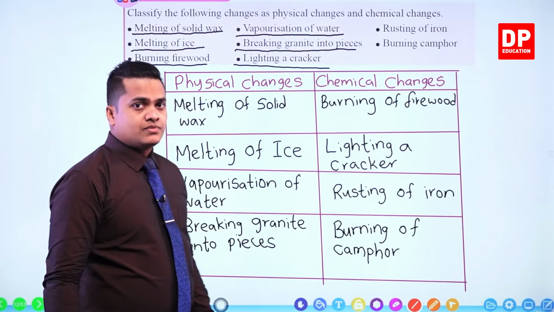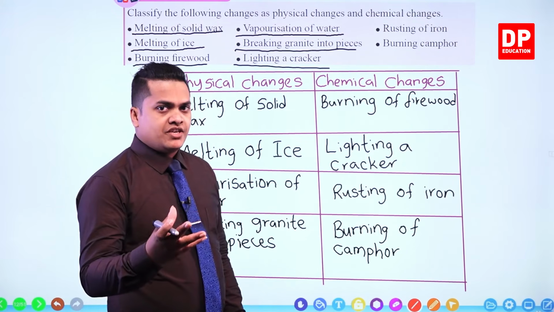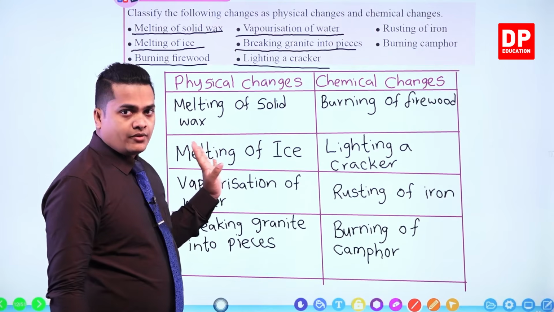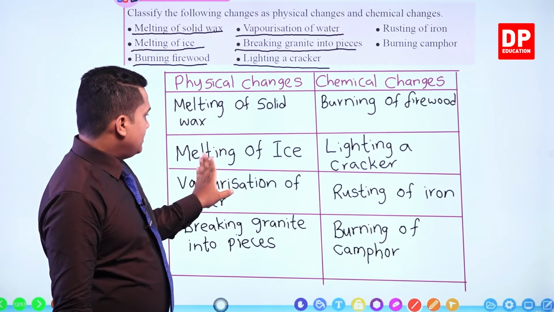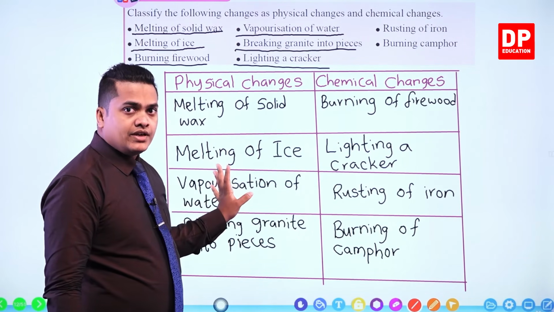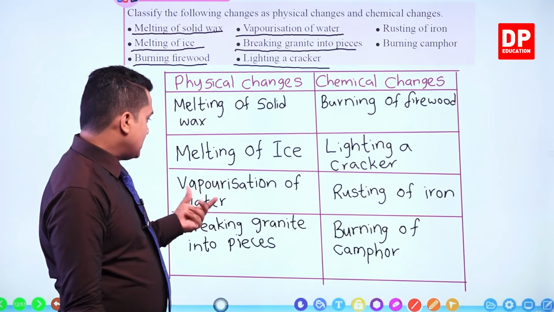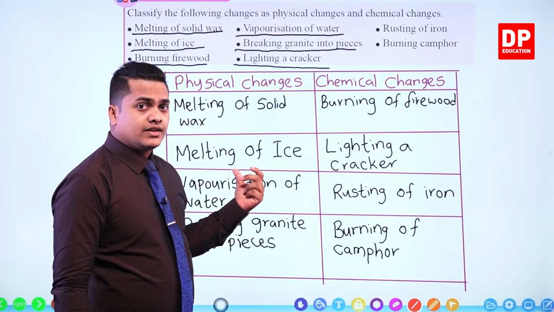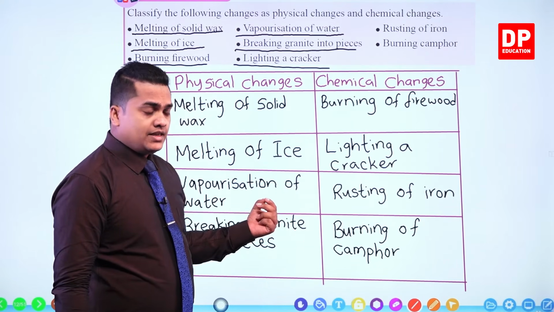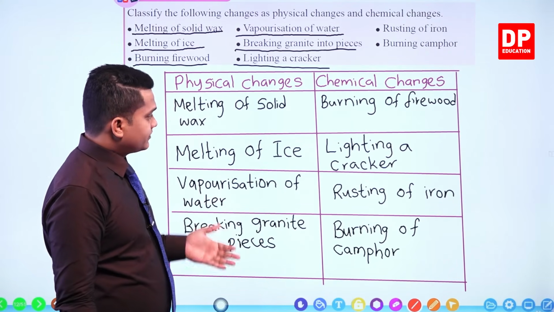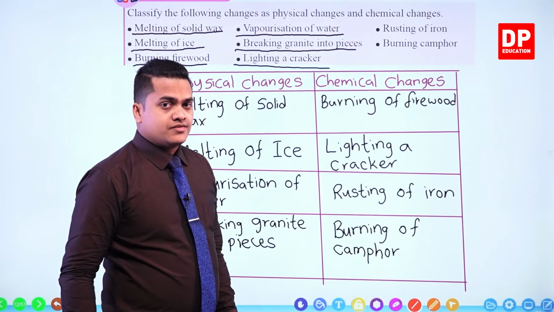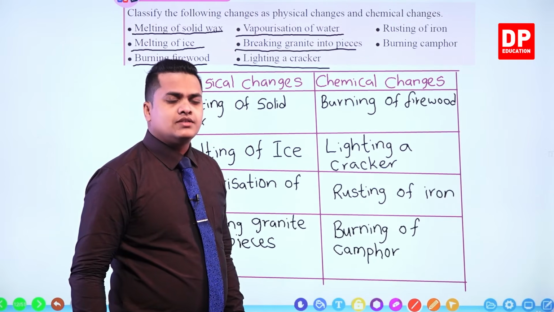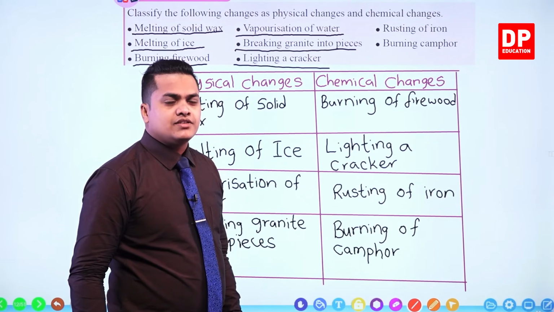Here you can observe that during a state change, like a solid getting converted into a liquid, like ice getting converted into liquid water, or vaporization of water where liquid water is getting converted into a gas, in these instances, all state changes are considered physical changes.